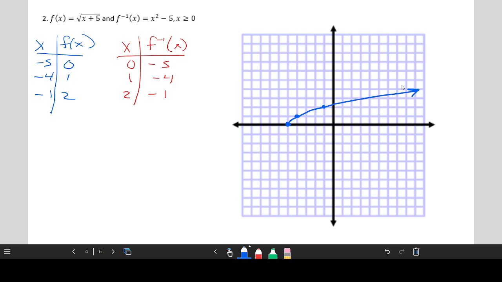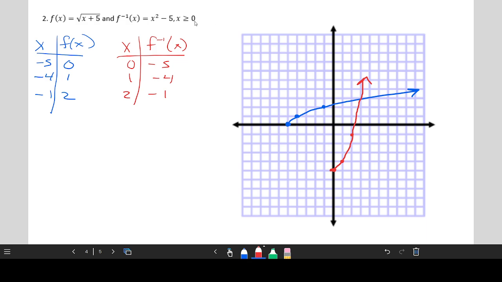So there's the square root function. And there's its inverse, which was the right half of a parabola.